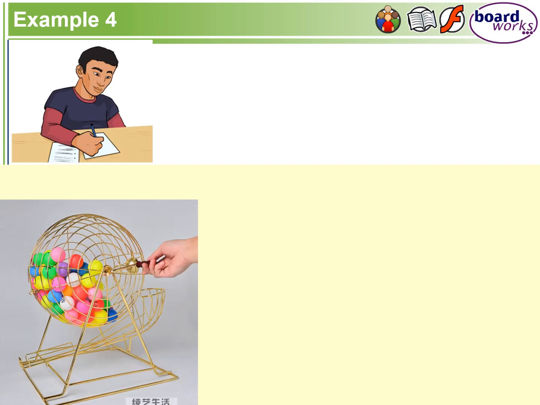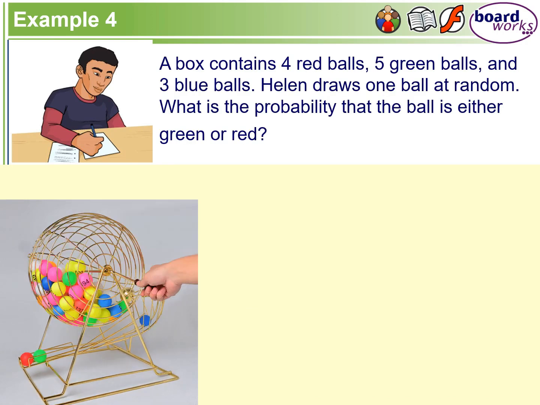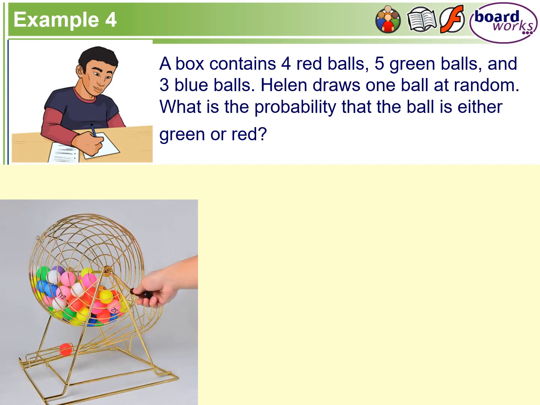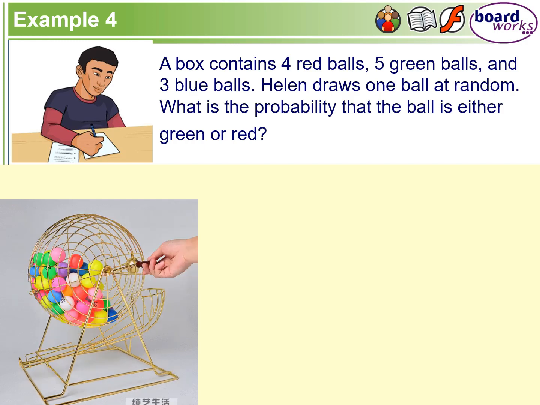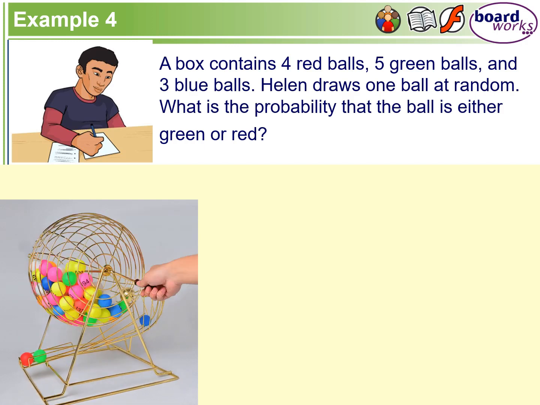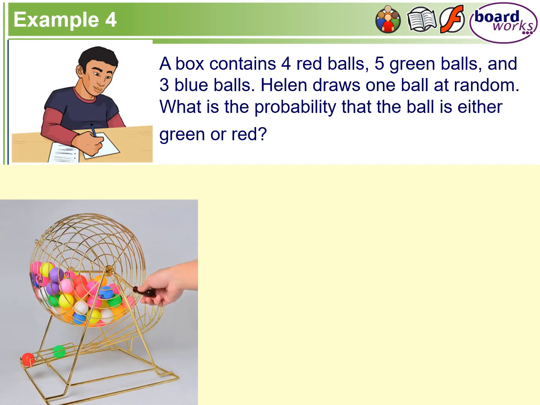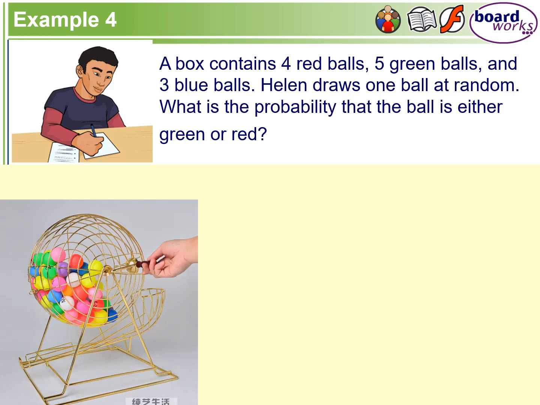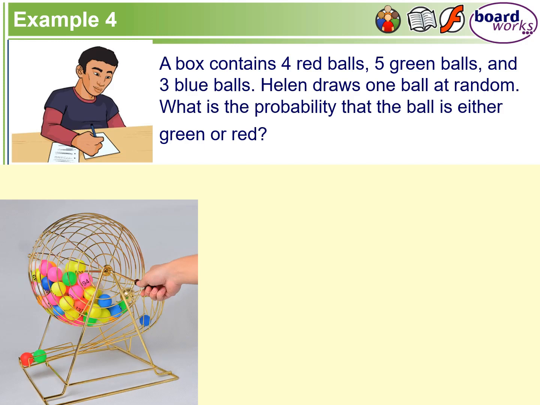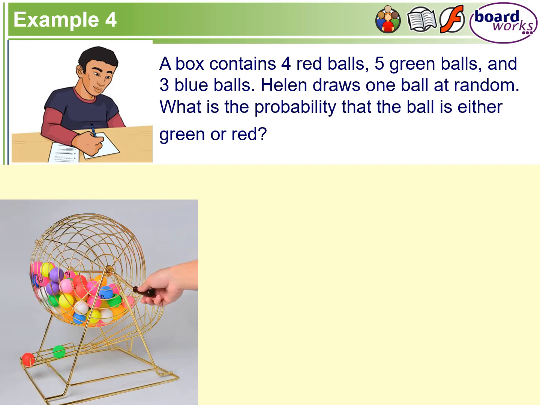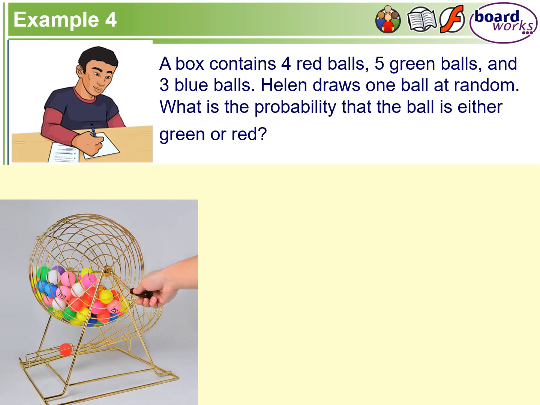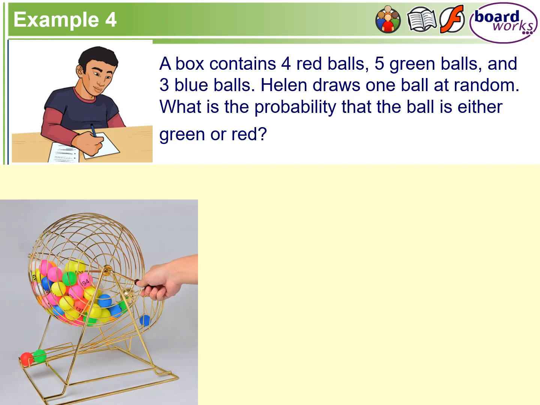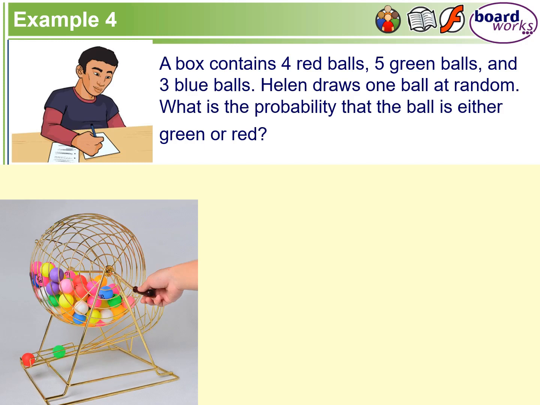Example number 4. A box contains 4 red balls, 5 green balls, and 3 blue balls. Helen draws 1 ball at random. What is the probability that the ball is either green or red? Is there a green ball that is at the same time a red ball? No. So these are mutually exclusive events.